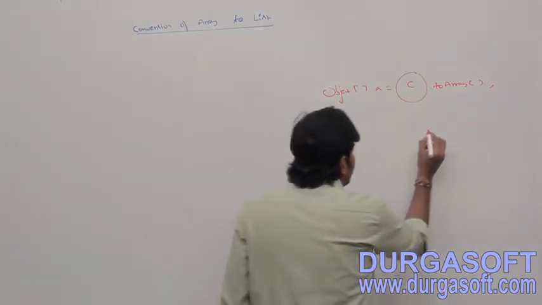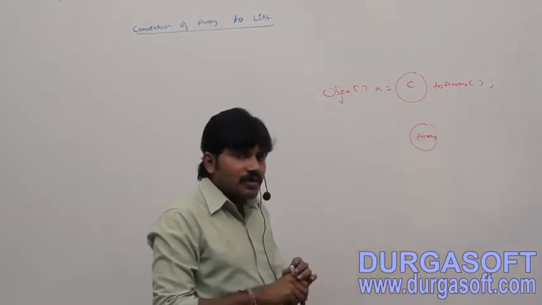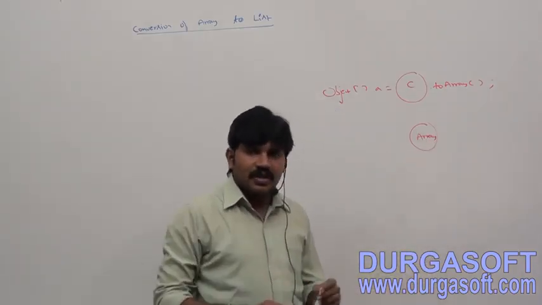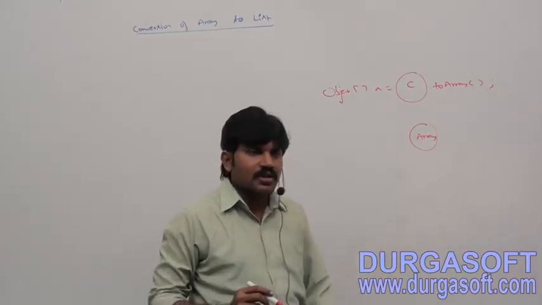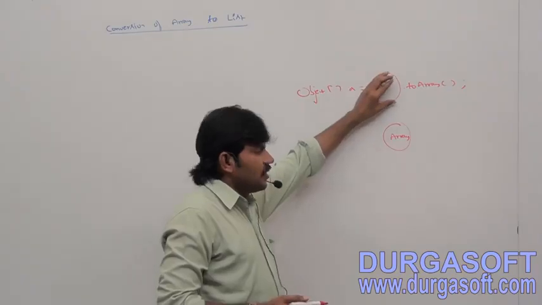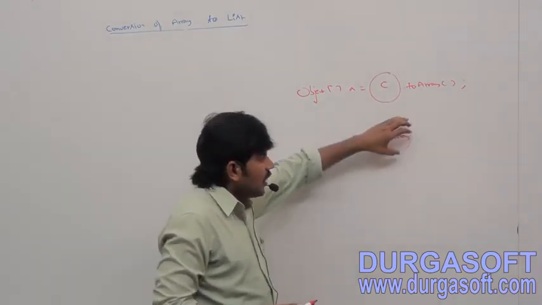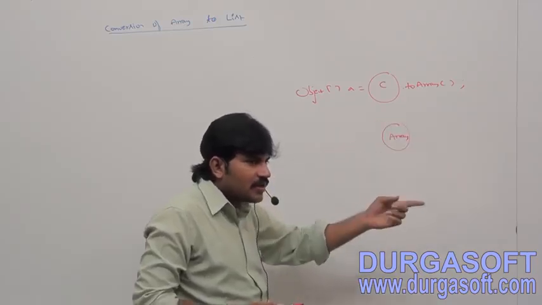Sir, I have an array. I want to convert it to a list. What is the method? Here, have you observed? Collection to array, toArray is the method. I have an array and I want to convert array to list.